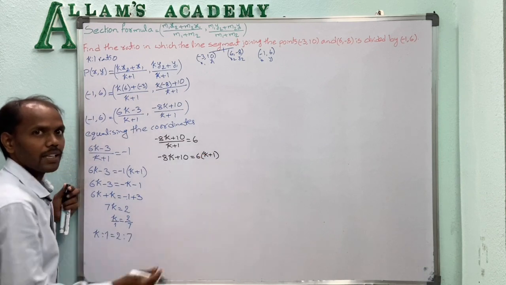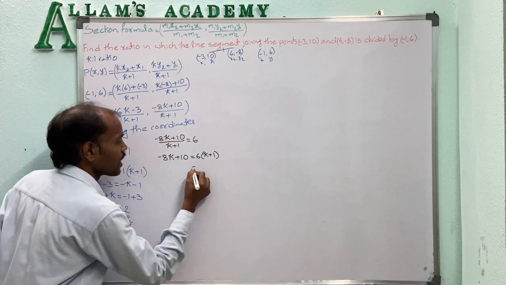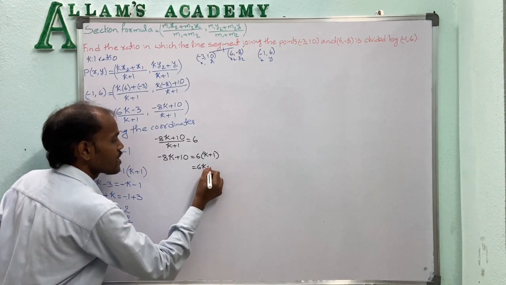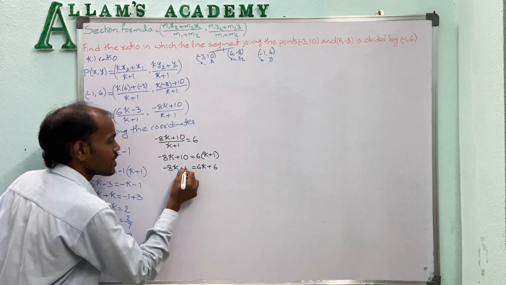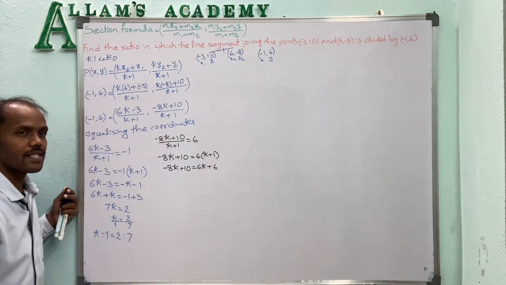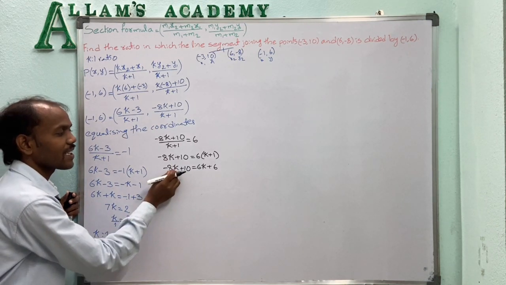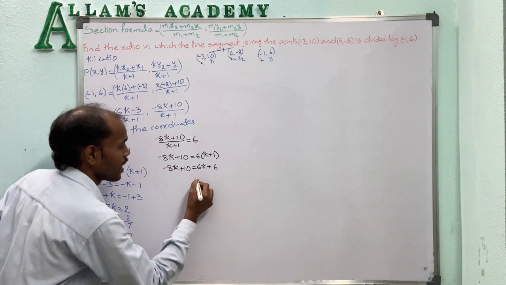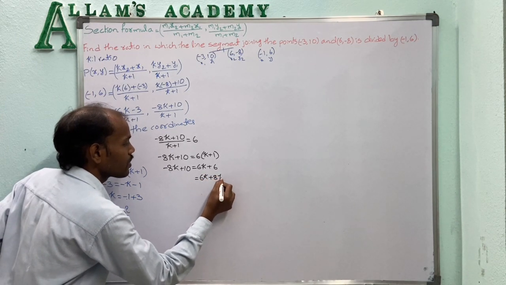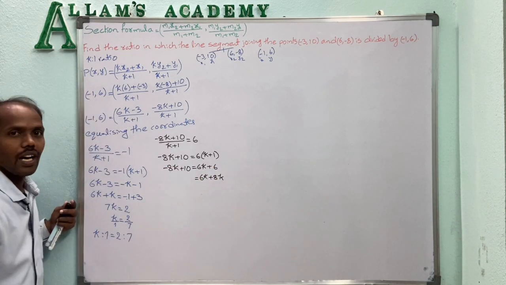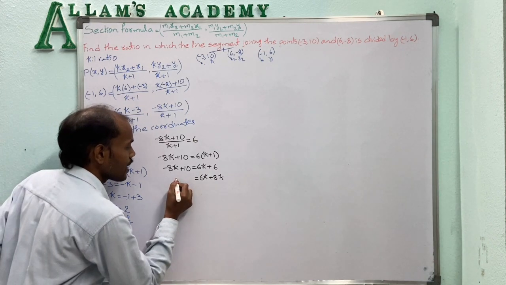Now 6 is multiplied with (k plus 1), we get 6 into k, 6k, 6 into 1, 6. So -8k plus 10 is equal to 6k plus 6. Now this -8k on RHS transfers to LHS, that is plus 8k. Now this plus 6 transfers to LHS, that is minus 6.